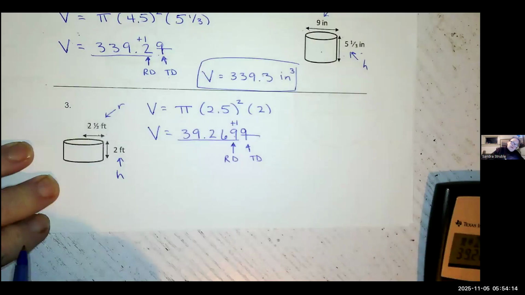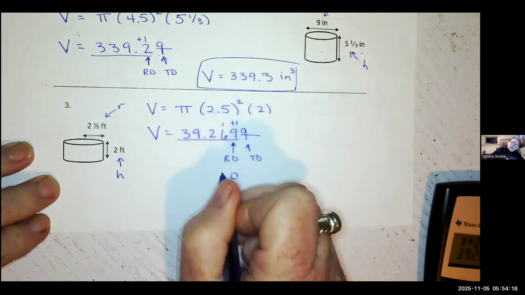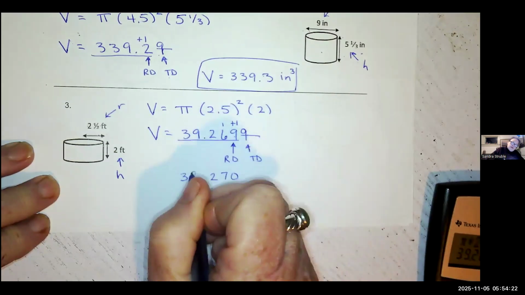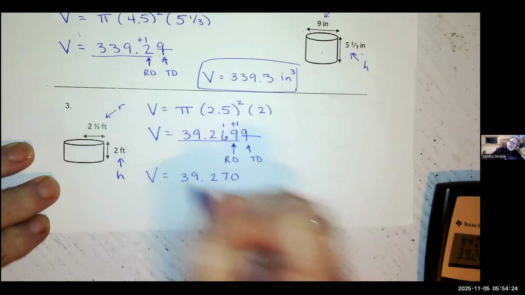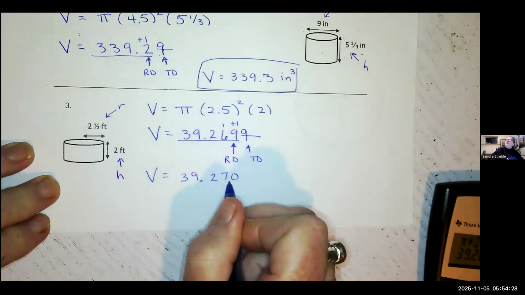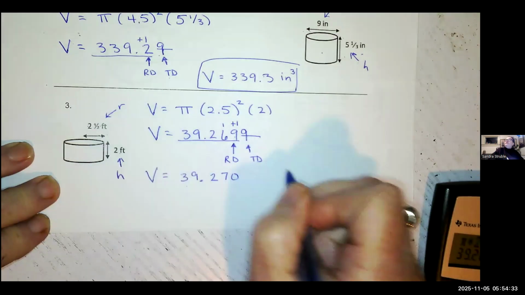Carry the 1. 6 plus 1 is 7. And then everything else stays the same. So 39 point, now you could have left this at 27 or 270. It's totally your call. And then feet cubed or cubic feet.